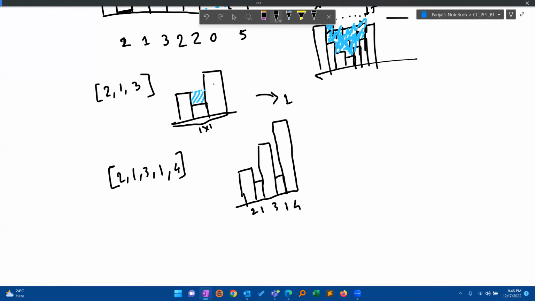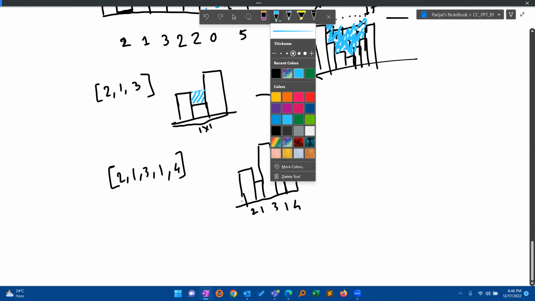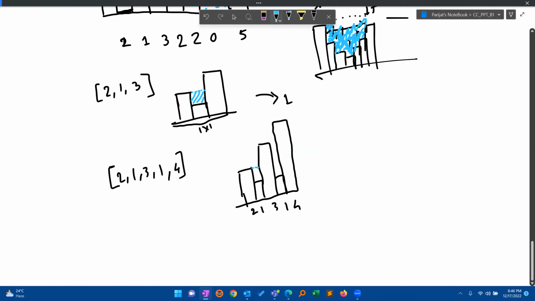Now how much water will be stored? So till 2, 1, 3 we all know how we can solve the problem. So till 2, 1, 3 it is known to us, right? So this much we know the answer, 1. Now the moment I know a higher point, I know that I can fill up to 3 on the right hand side of that, right?